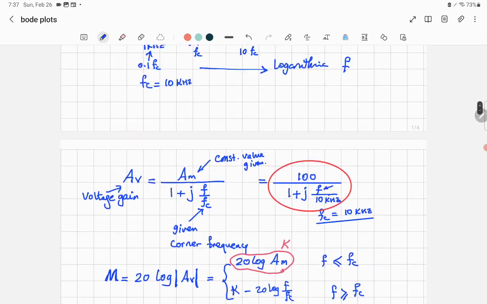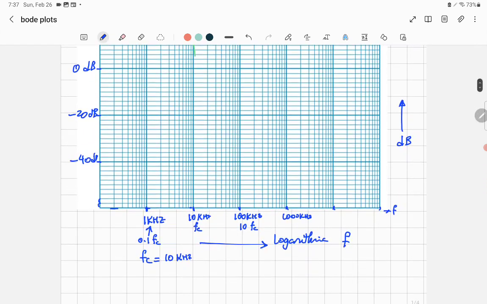I will go here to the sheet and I'm going to show you. You remember what we said, that each division on the horizontal axis we call a decade. And this is decibel. The difference is this 20, 20, 20. So first of all, the slope is negative, so I expect the straight line to go in this direction. This is the negative slope and this is the positive slope, right?